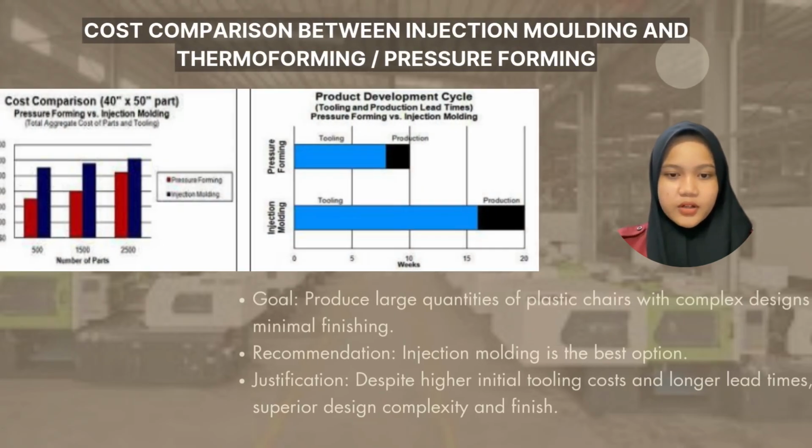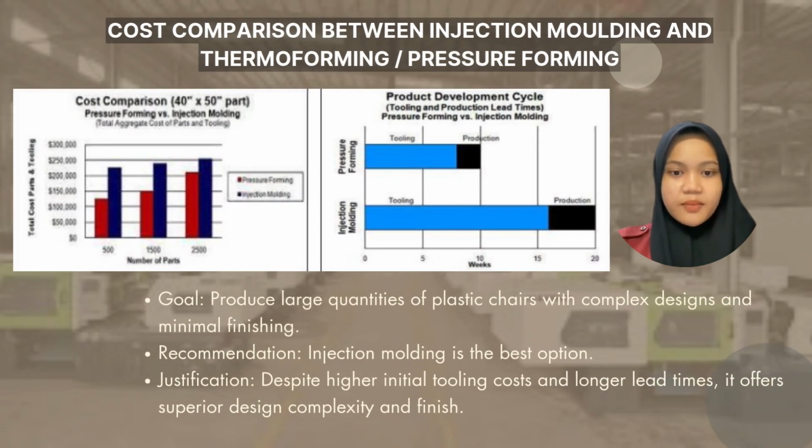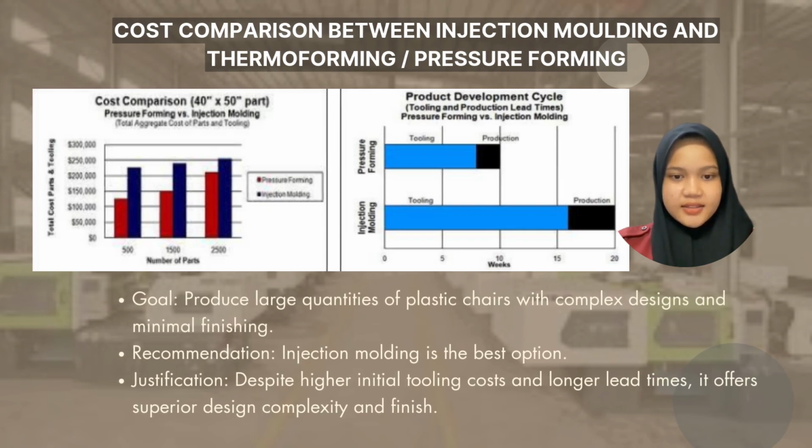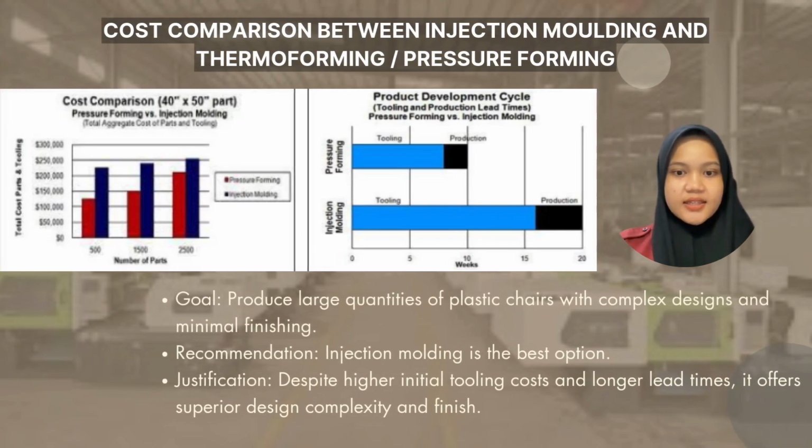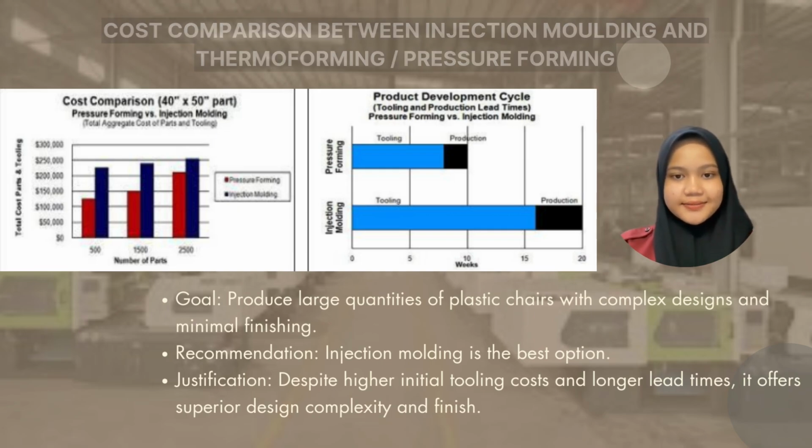To compare these two processes, based on the data selected, the preferred manufacturing process is injection molding due to its cost efficiency for large-scale production and ability to create complex chair designs with minimal finishing.